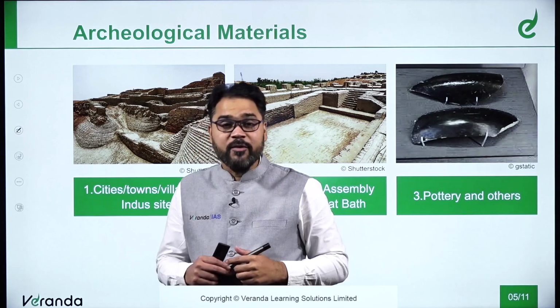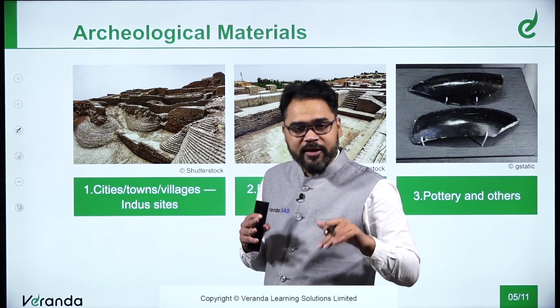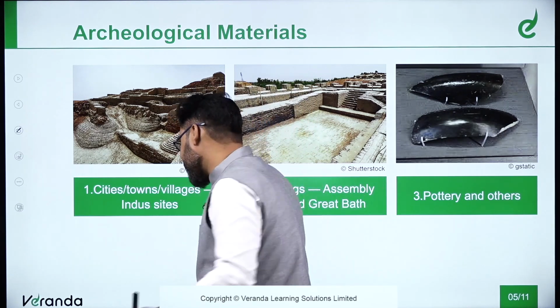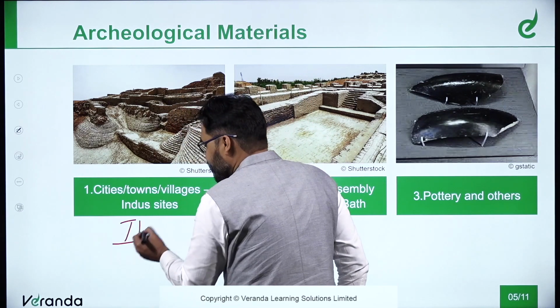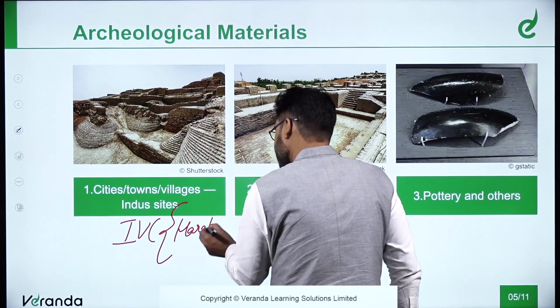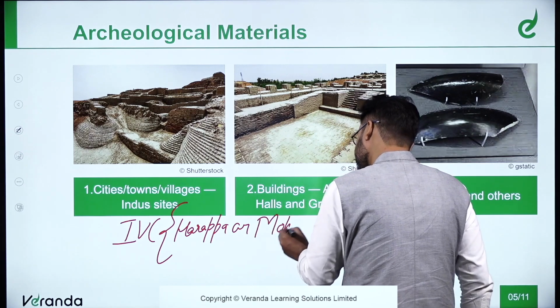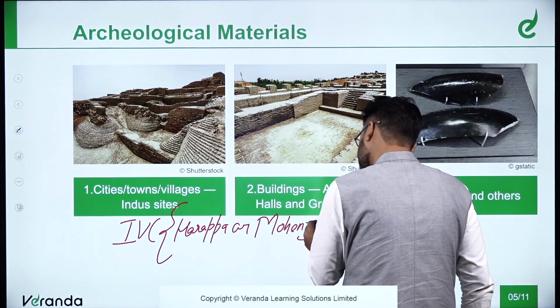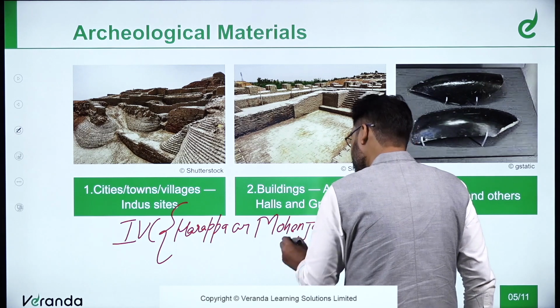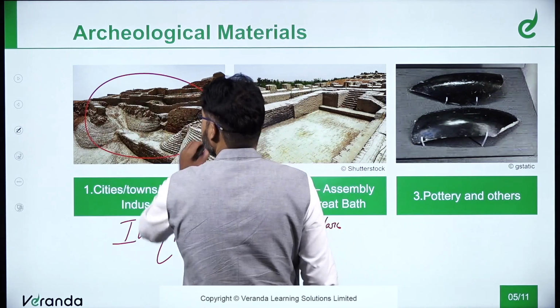Now, there are various proofs, the evidences, which are very important. Whenever I say the IVC, the Indus Valley Civilization, whether we speak about Harappa or Mohenjo-daro, we have several proofs. These are the sites that we have.